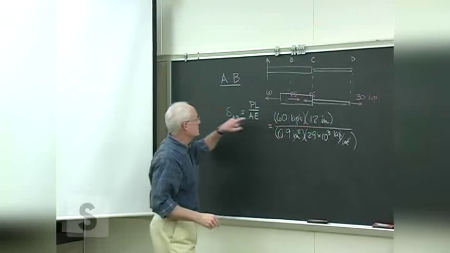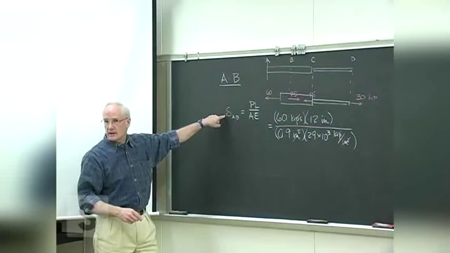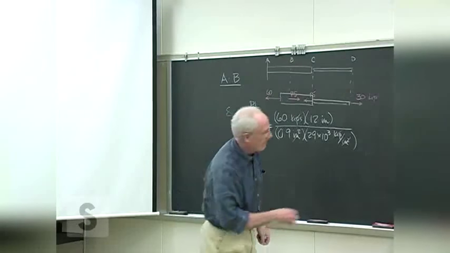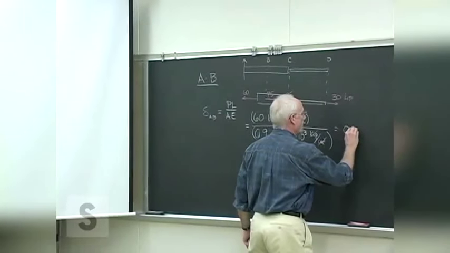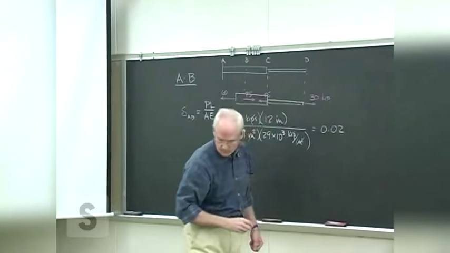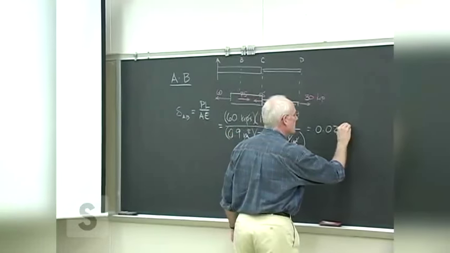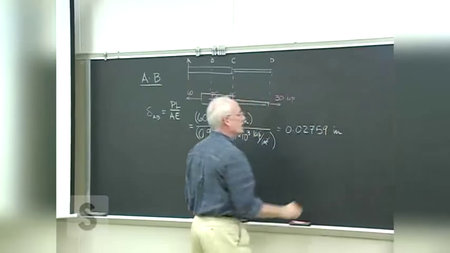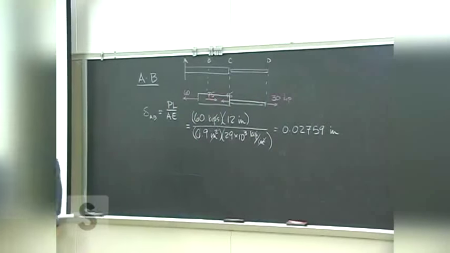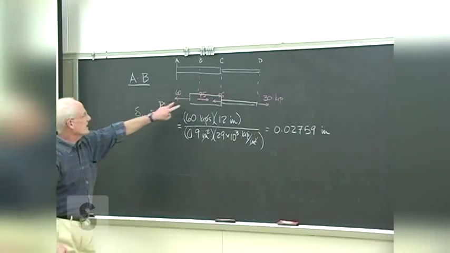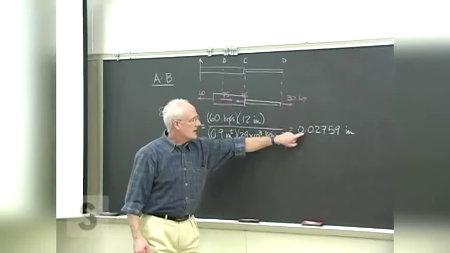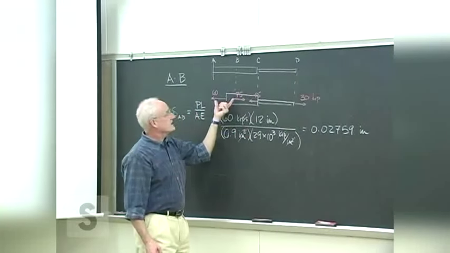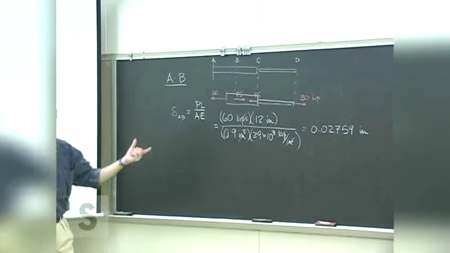We're left with just inches, which is what we'd expect, a deformation in inches. So we'll carry an extra significant figure through to the end. So we know section AB is in tension. That's then a growth over just that region AB.